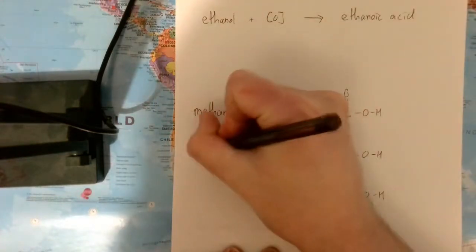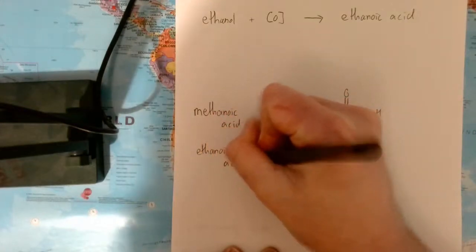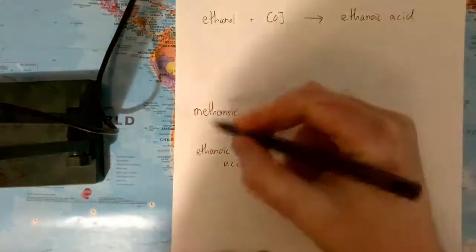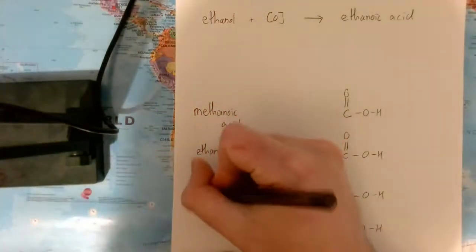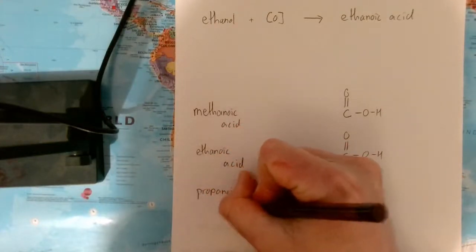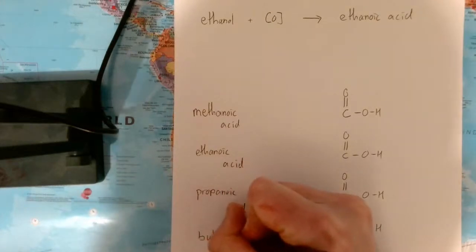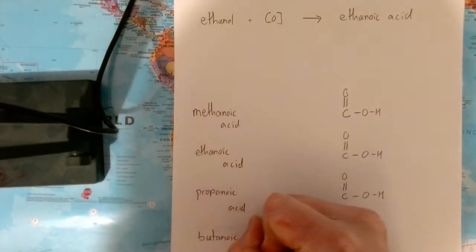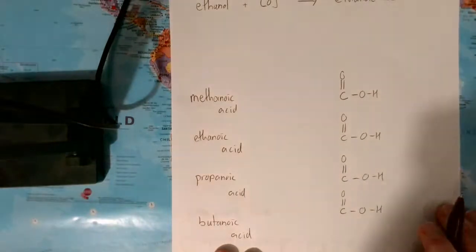The second is still ethanoic acid. Hopefully you remember MEPB, or my elephant proposed beautifully, because that takes us to propanoic acid. And finally butanoic acid.